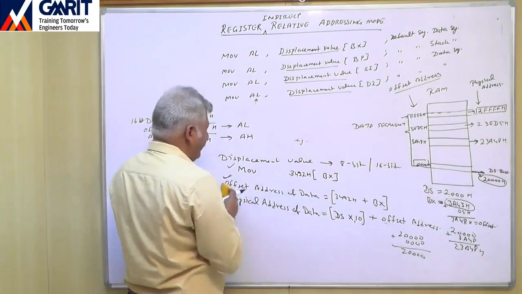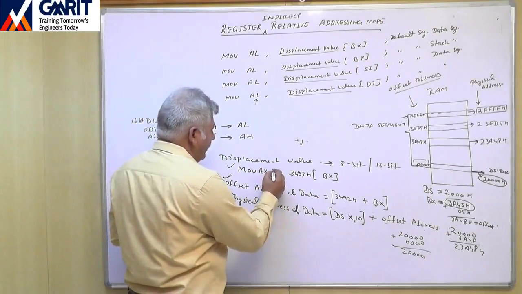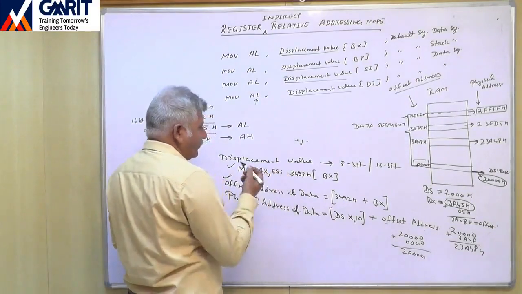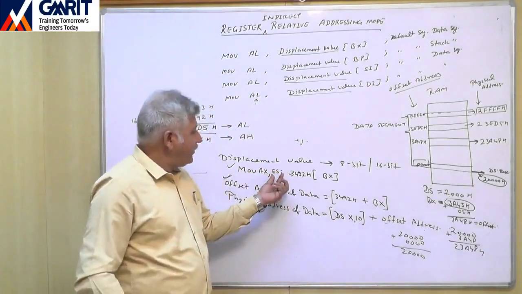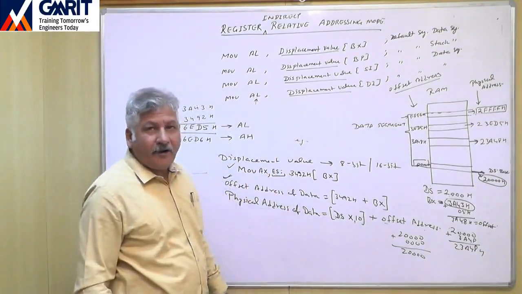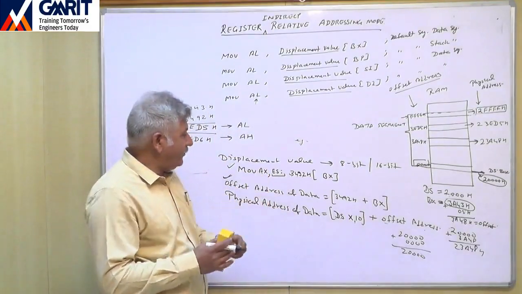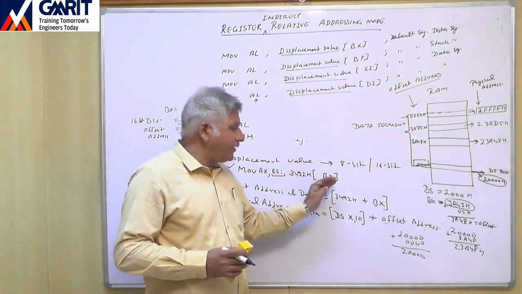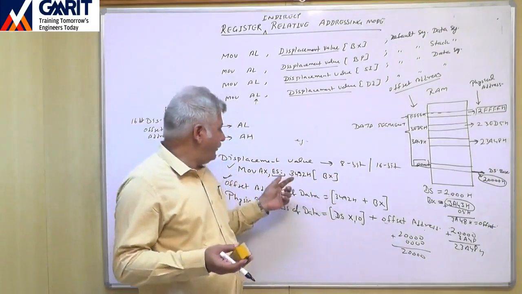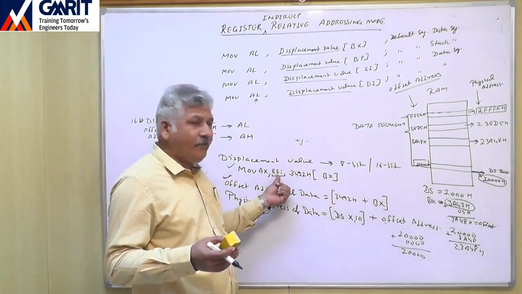So if we use an instruction like this, AX comma ES colon, now what will happen? This ES colon is a segment override prefix. The default segment for the BX register is the data segment, but with this segment override prefix, the data will now be moved from ES.